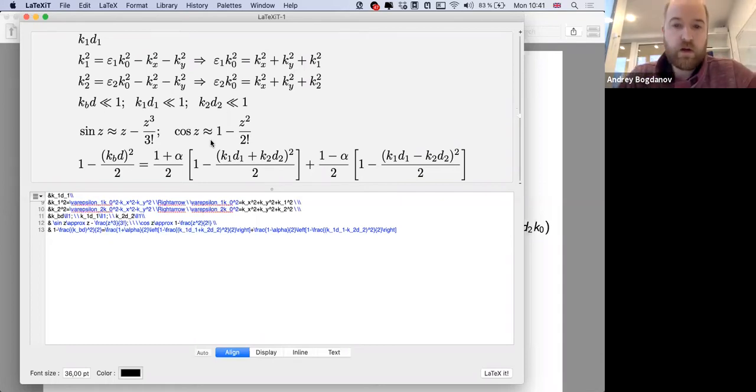Okay. Can I simplify this expression somehow? Let me simplify it a little bit, and then I will substitute alpha. For TM polarization, let me write what alpha is.